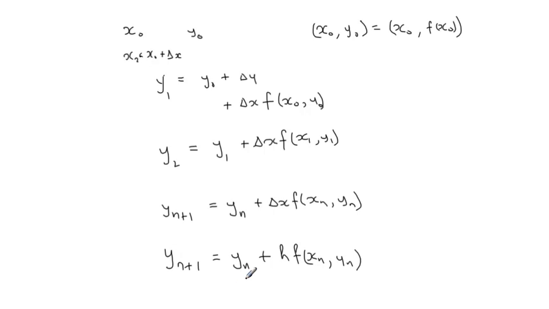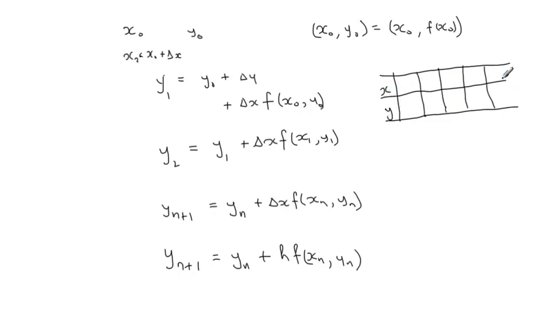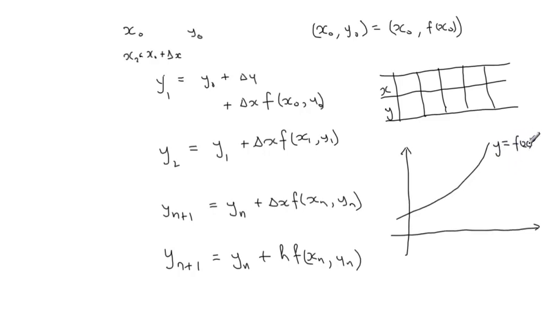This formula will give you a table of values whereby you complete the row for x and the row for y, values which you can then plot on a system of coordinates. The graph you obtain would be y equals f of x, which is an approximate numerical solution to the given differential equation.